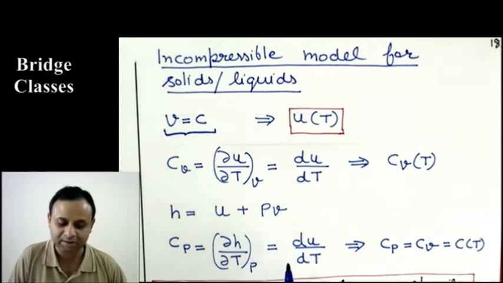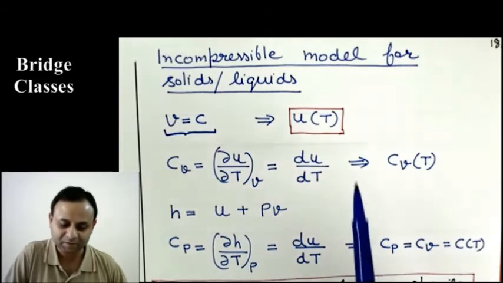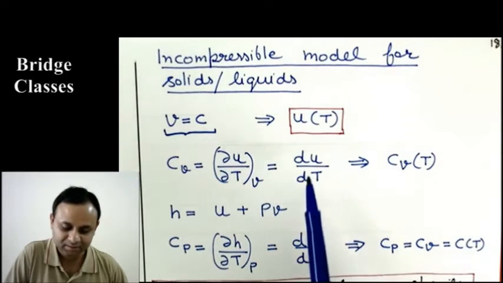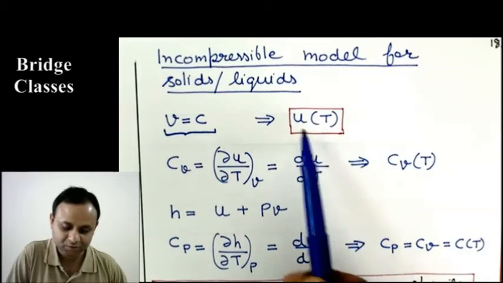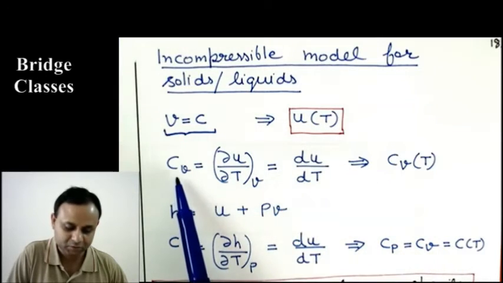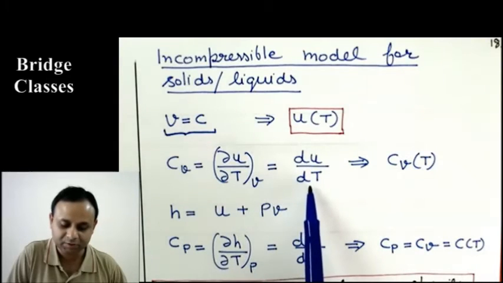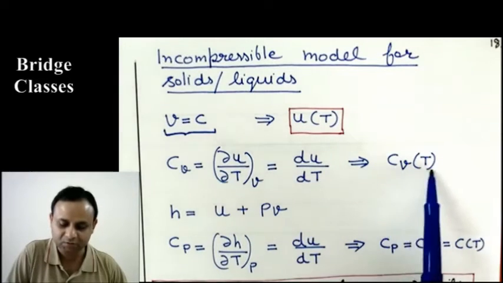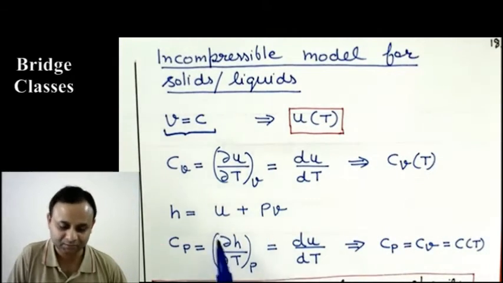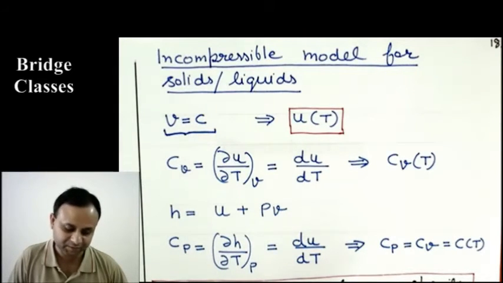Because U is a function of temperature only, Cv also is a function of temperature only, because Cv is dU/dT. We are talking about an incompressible substance here. So that is Cv.